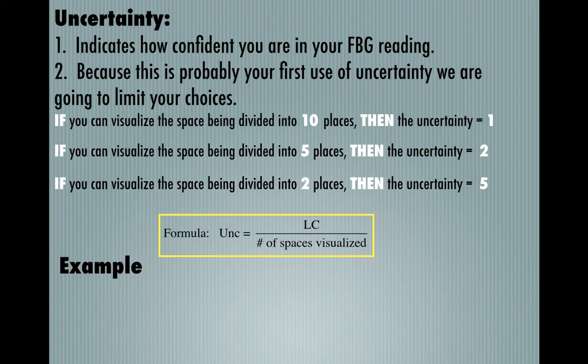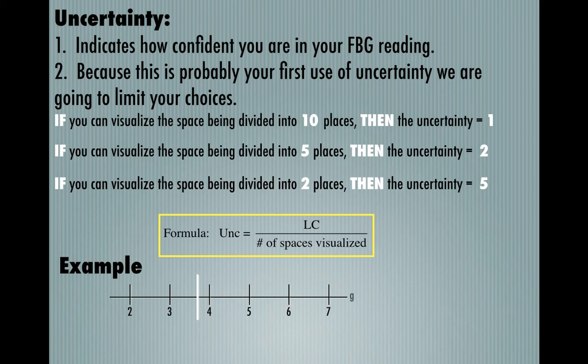All right, here we go. So we have the scale, which is, I think, the same as the one we saw before. But anyway, so the least count is what? Right, 1 gram. And how many spaces do you think you can visualize between the 3 and the 4? Now, those tick marks are pretty far apart, so I'm going to say I can visualize 10 spaces.